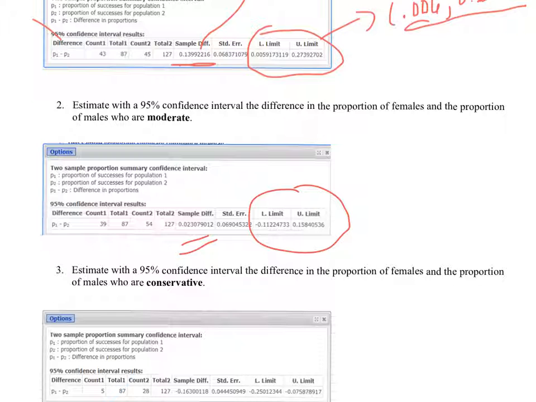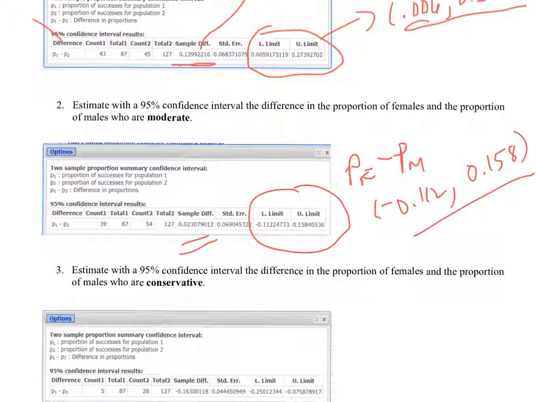This is the percentage of females who are moderate minus the percentage of males who are moderate, and we're saying with 95% confidence, that difference is somewhere between negative 0.112 and positive 0.158. See that this interval straddles zero; it contains both negative and positive values.